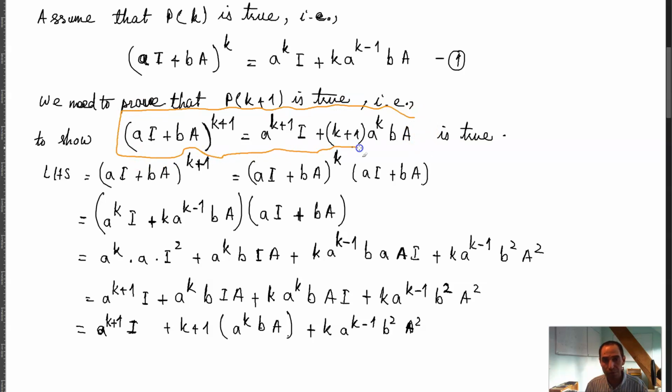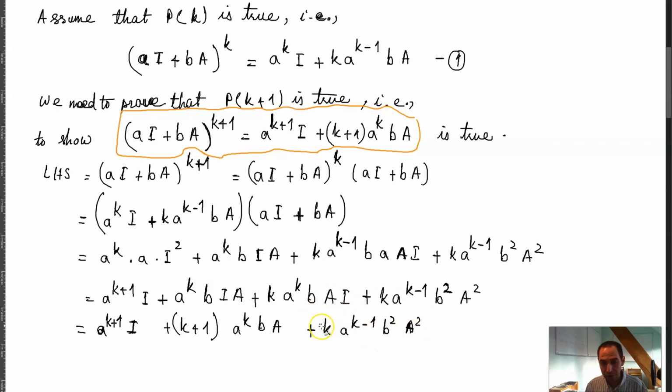To be more specific, I need to end up with the right hand side of this. So A raised to the power K plus 1 times I, I already have it. Now out of these two, I have to make K plus 1 times, actually I have to write this way. This has to be in parentheses, right? So K plus 1 times A raised to the power K times B times A.